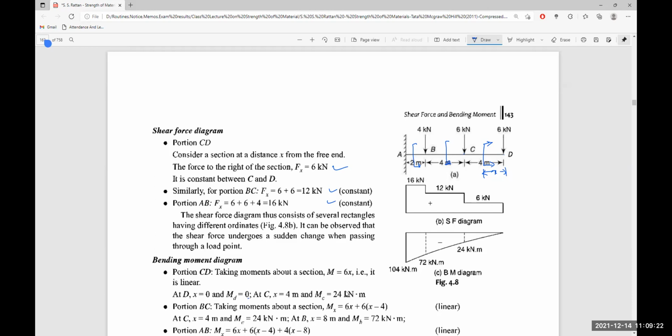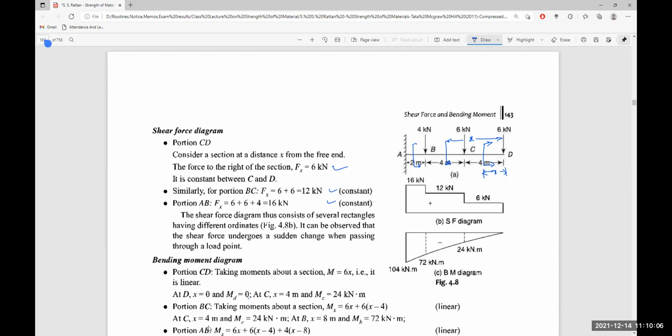Now, if we take the section here, the moment about the section is 6x plus 6 into (x minus 4), where x is the distance of the section. Taking moment from this section, the distance will be x minus 4 for the 6 kN load, and 6x for the first load. This is equal to the bending moment Mx.